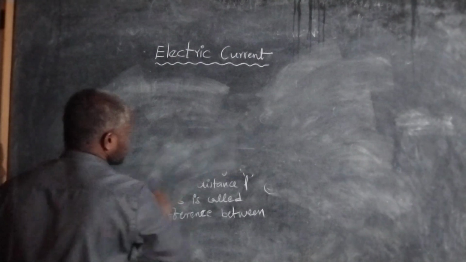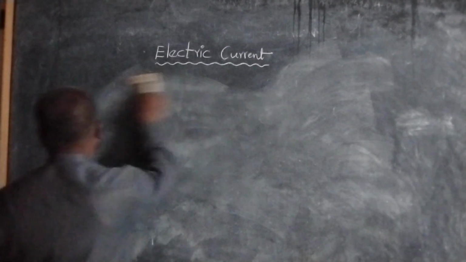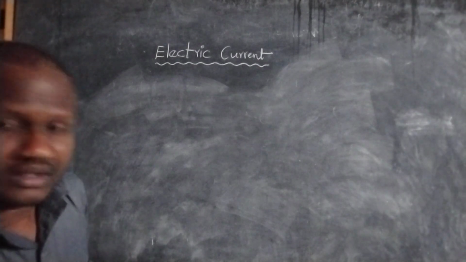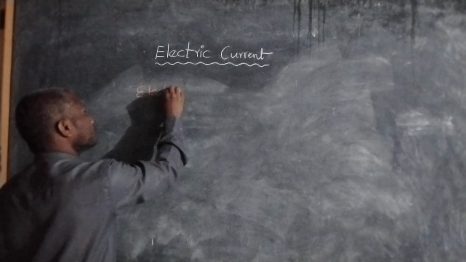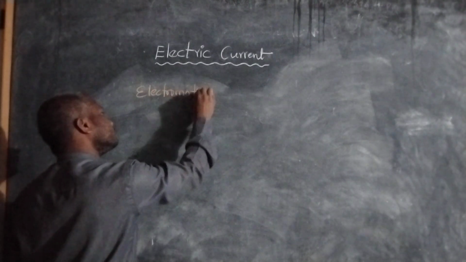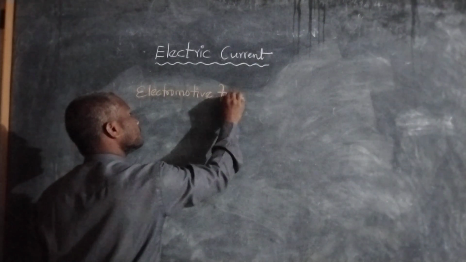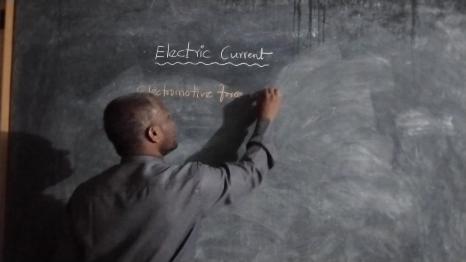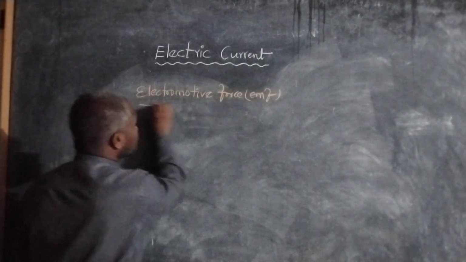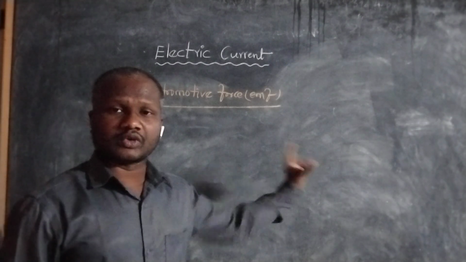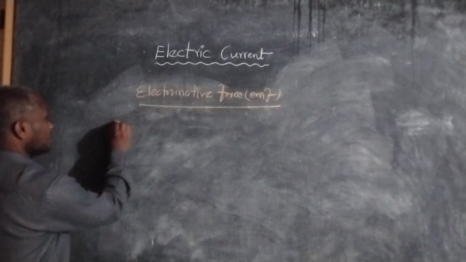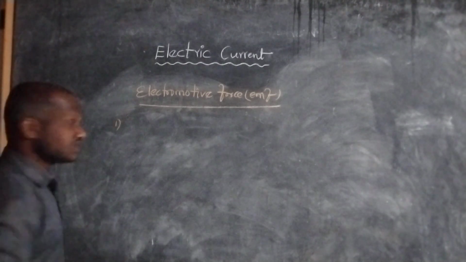And the next physical quantity is electromotive force. This electromotive force is designated with symbol epsilon. EMF in short form. Here EMF refers to electromotive force. So here also we have first point, that is nothing but the definition.